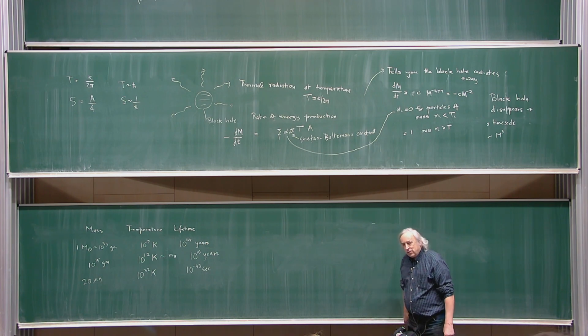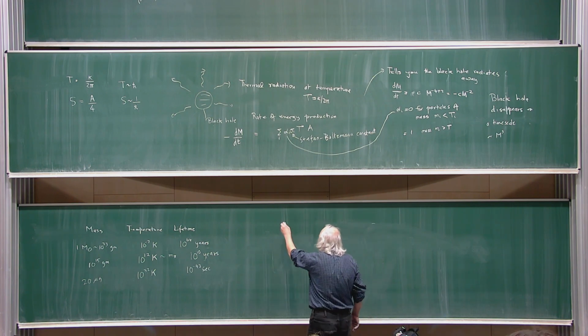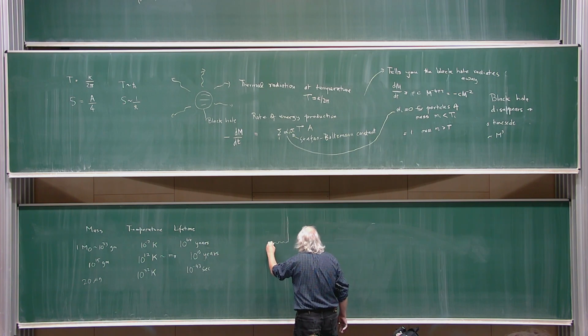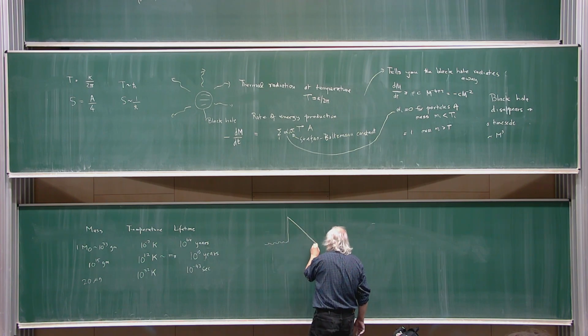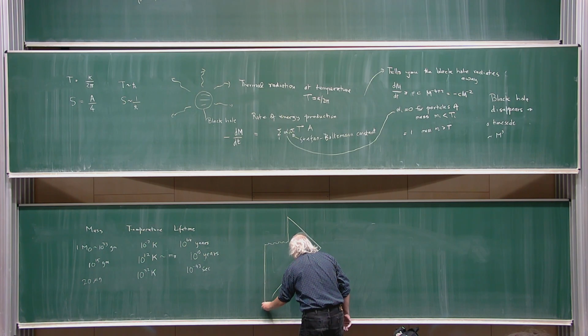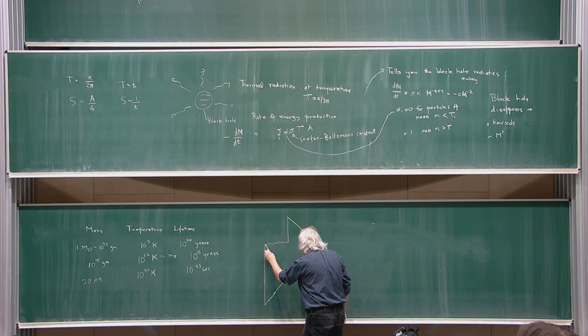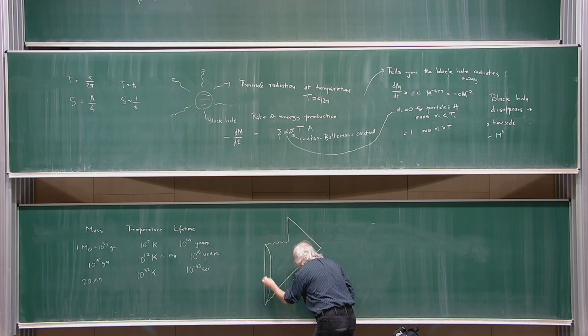Let's draw a picture of what we expect from gravitational collapse and the evaporation of a black hole. So this is a Penrose diagram of such a scenario. The black hole is formed by collapsing matter, so that's going to look something like this.